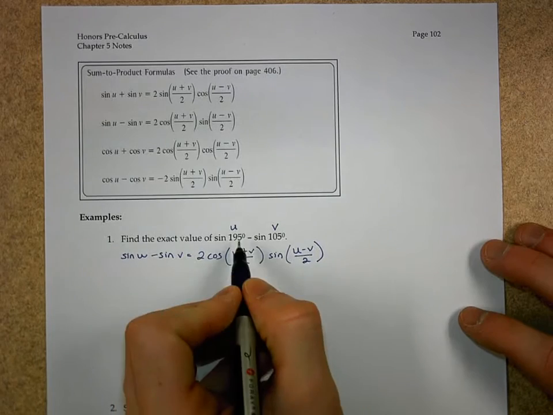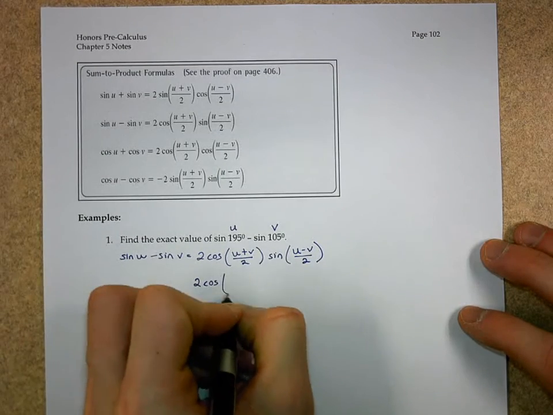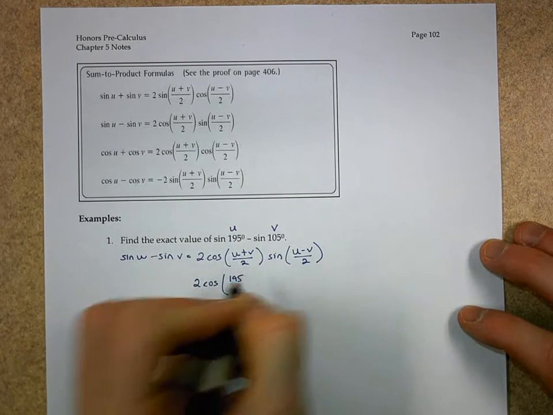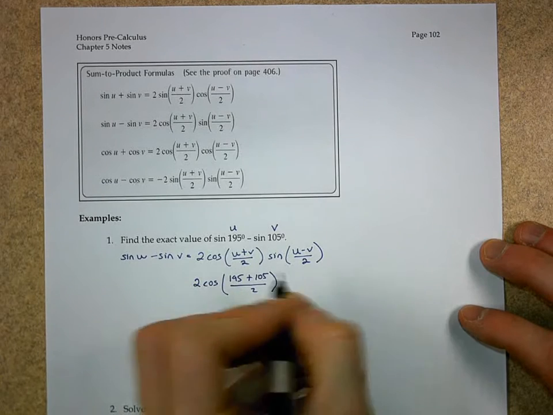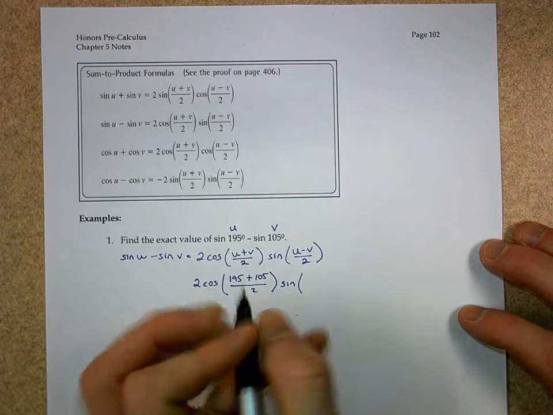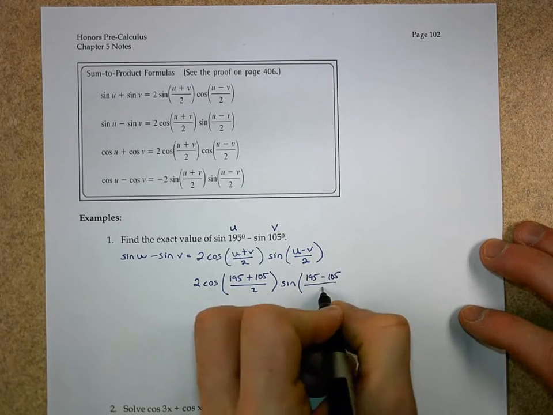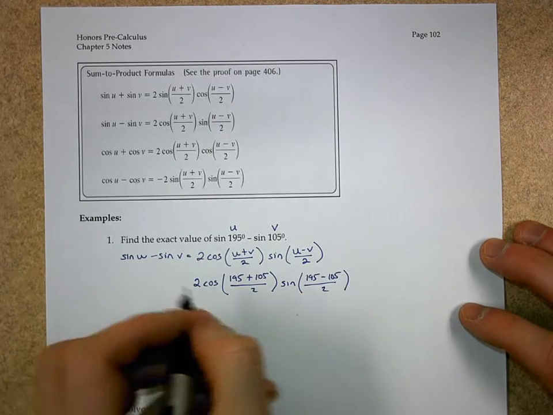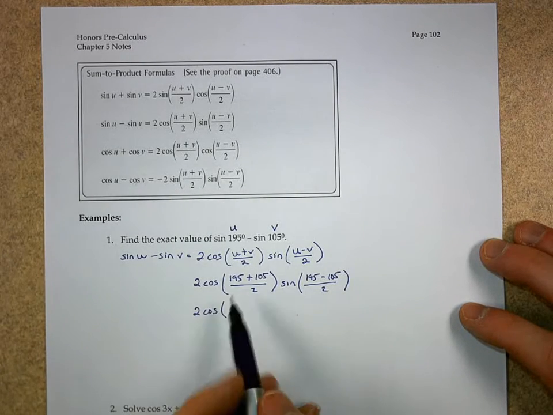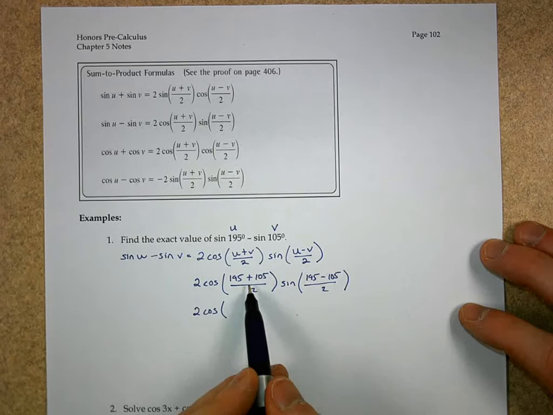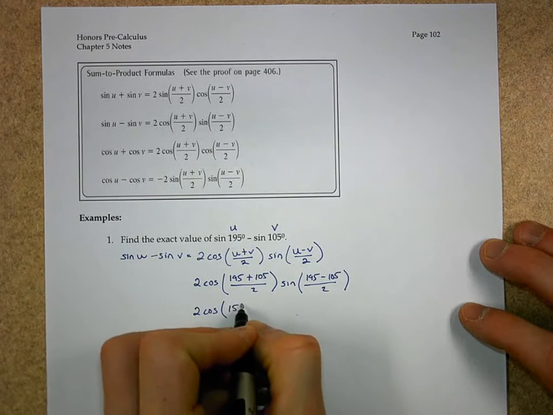So we know u is 195, v is 105. So 2 times the cosine of 195 plus 105 over 2 times the sine of 195 minus 105 over 2, which is going to give me 2 times the cosine of 195 plus 105, which is 300, divided by 2. 300 divided by 2 is 150.